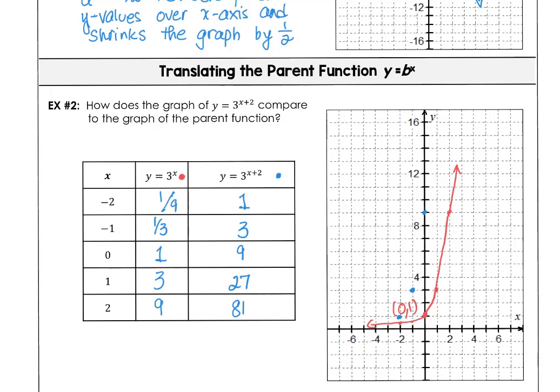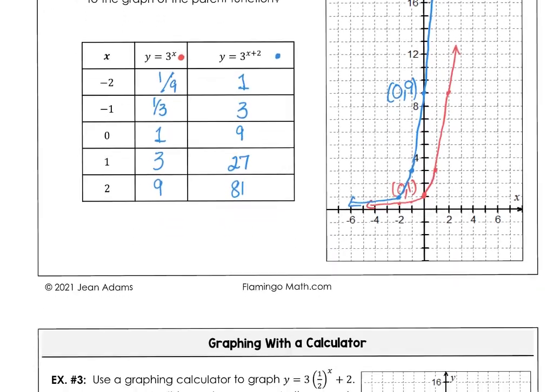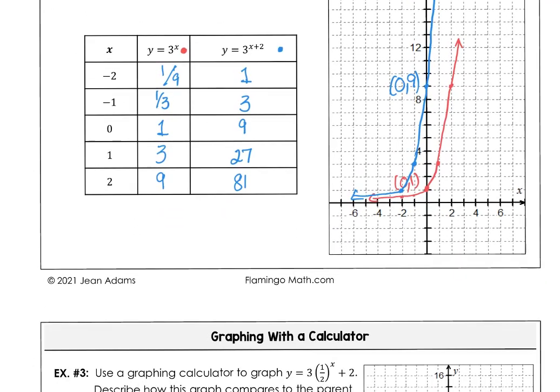So we're off the chart way up here somewhere. So this graph is our translated graph. And 0, 9 is our new y-intercept. And how did that compare to our parent graph?